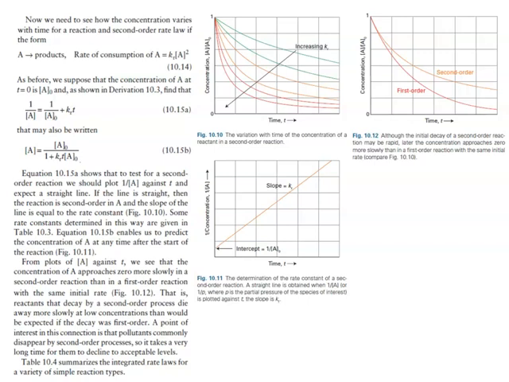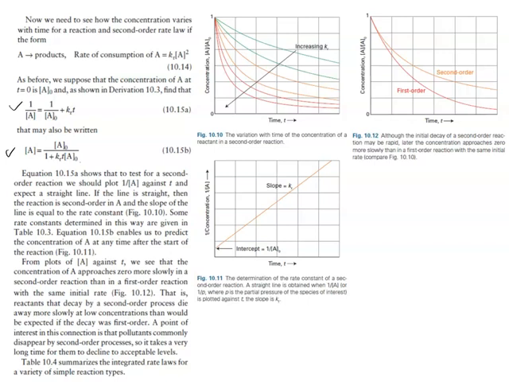As before, we suppose that the concentration of A at time equals 0 is the initial concentration, A naught, and as shown in Derivation 10.3 in the text, we find the following, where you're now looking at inverses versus logarithmic transforms: for second order, 1 over the concentration of A equals 1 over the initial concentration of A plus kt. This can also be written as follows in 10.15b.